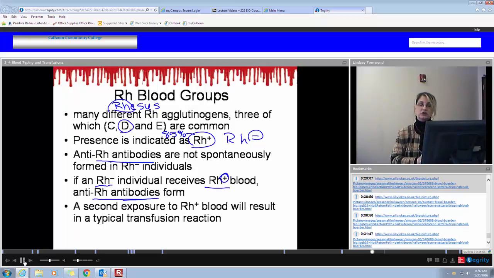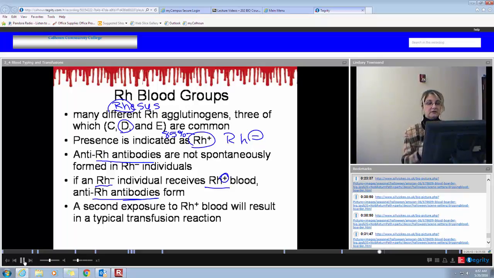Now, that's usually not a problem, or almost never a problem during the first transfusion, unless it's just a massive quantity of blood and it goes on for an extended period of time. And the reason for that is because it takes the immune system some time to build those antibodies. They have to recognize those antigens, and then there are certain cells in the body that are going to become antigens, and you'll hear more about that in the immune system.